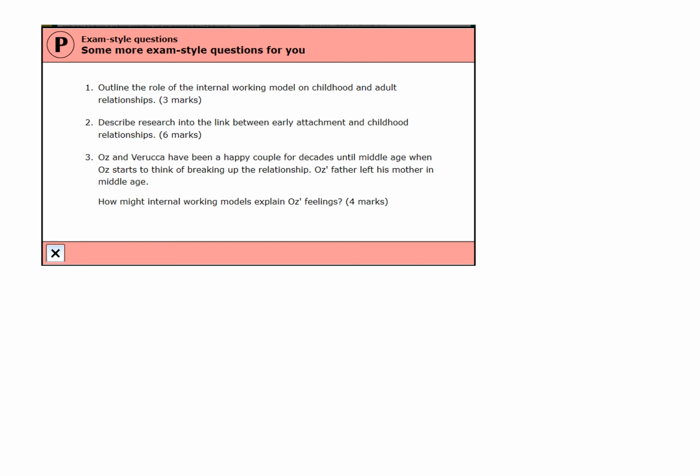So if you did the Cohen research that linked to dealing with loss, McCarthy or Hazan and Shaver, whichever you prefer, regarding marital satisfaction and love in later relationships, and maybe a piece of research that links to bullying or how people cope when they have to move away from home. So 3 or 4 key pieces.